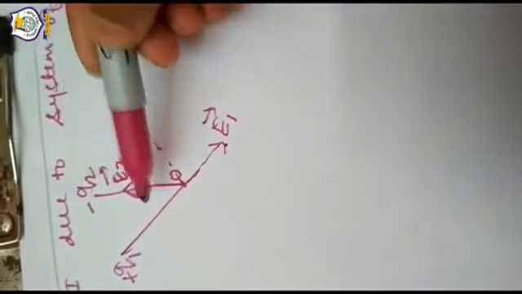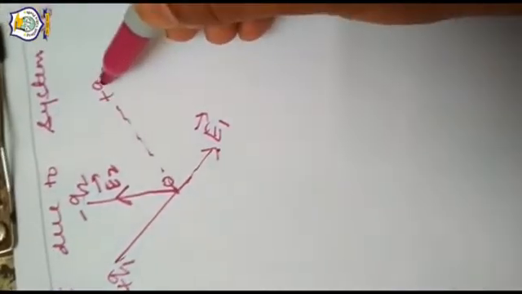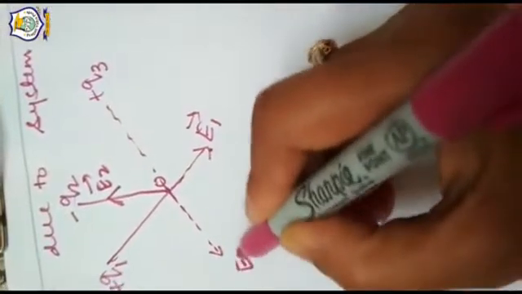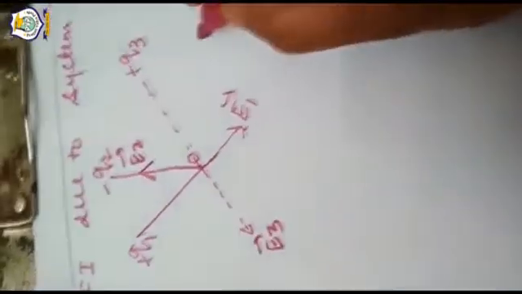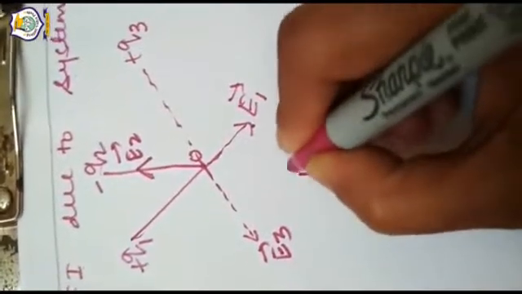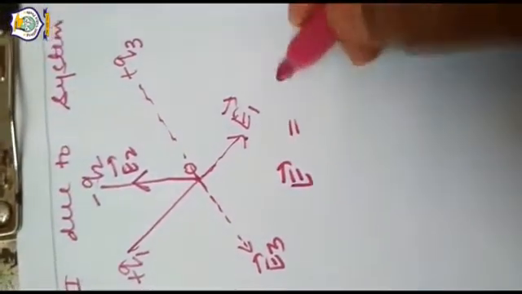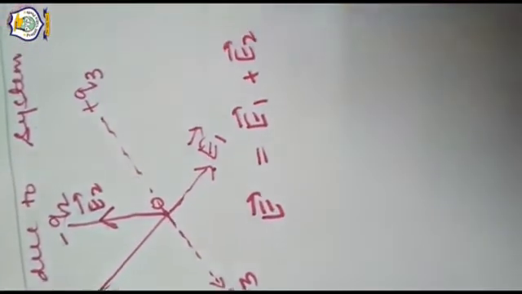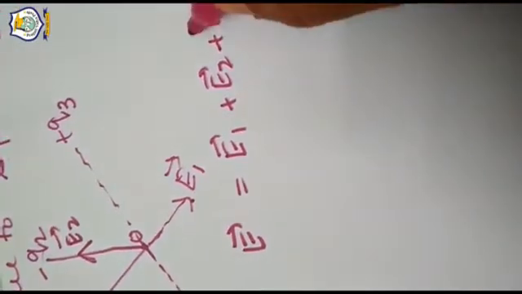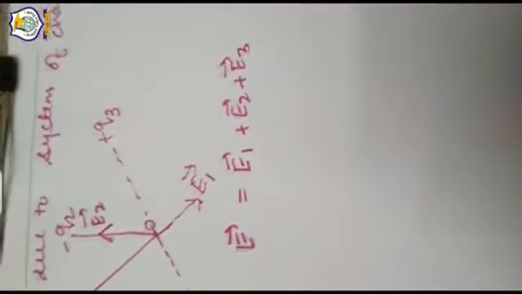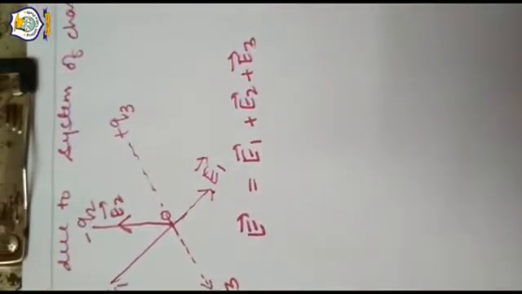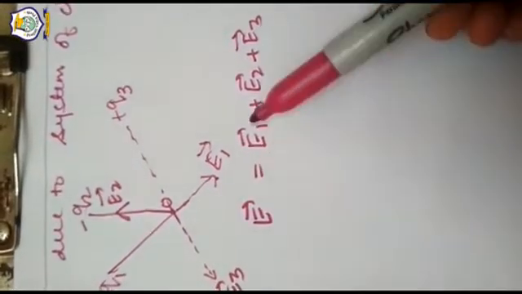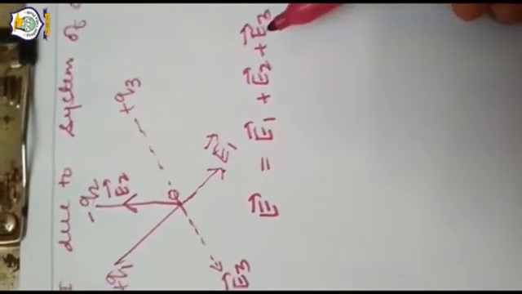Here it is towards, so the arrow is like this, and here it is again plus Q3, so it will be E3. Now the total intensity at point O will be E1 plus E2 plus E3. Means we have to just add all these three. This is the formula. Don't put here minus E1 minus E2. No need to put. Just write here E is equal to E1 plus E2 plus E3.